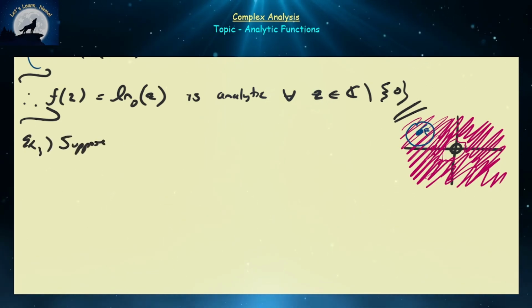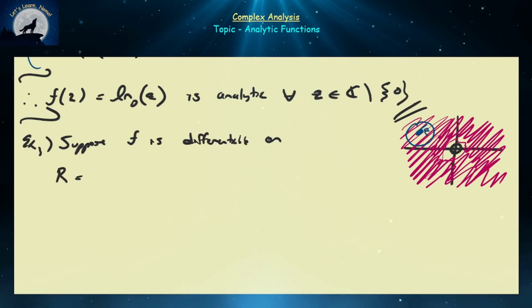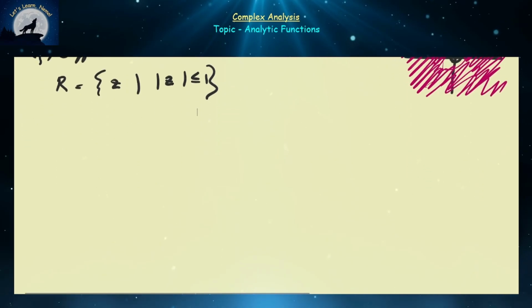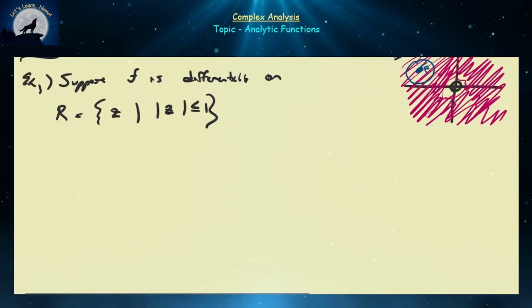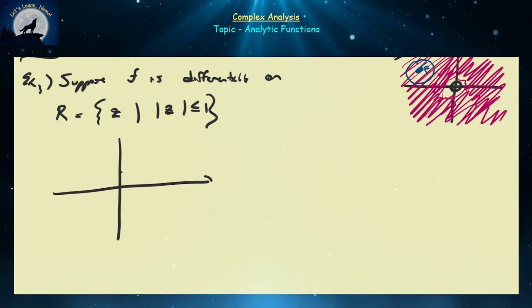Suppose that f is differentiable on, let's call the region R, the set of all z such that the absolute value of z is less than or equal to 1. So if f is differentiable on this particular set, what can we say about the analyticity of this function?